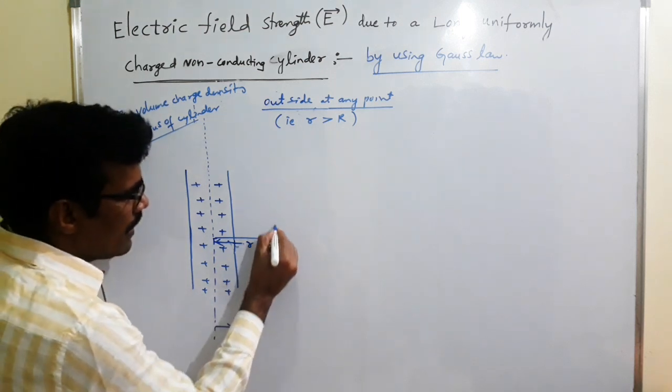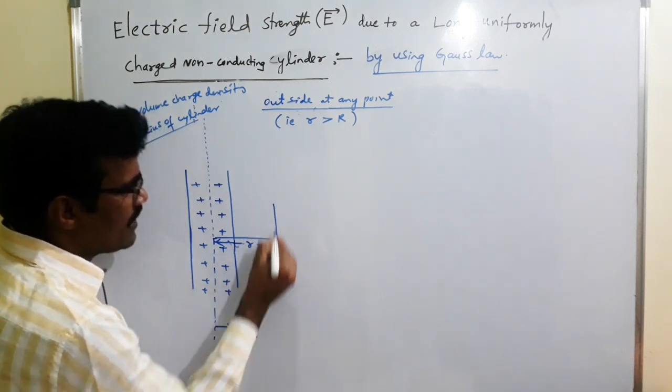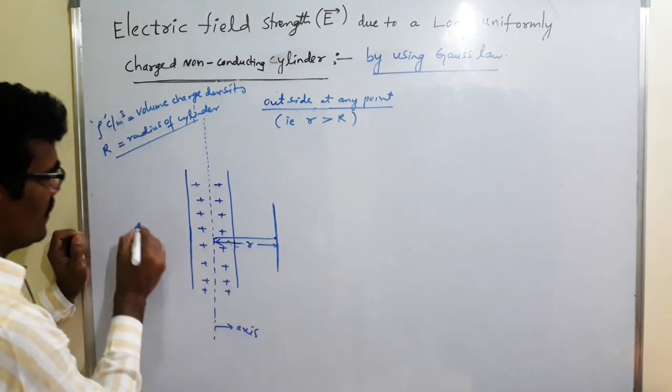So here a Gaussian cylinder is imagined.